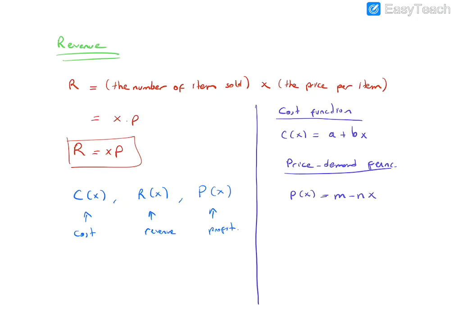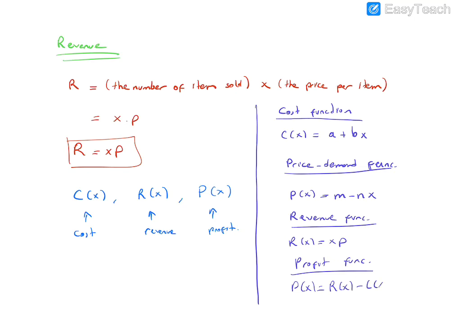And we have the revenue function. Let's write the revenue function. So the revenue function equals X times p, and we have the profit function. The profit function equals revenue function minus cost function.